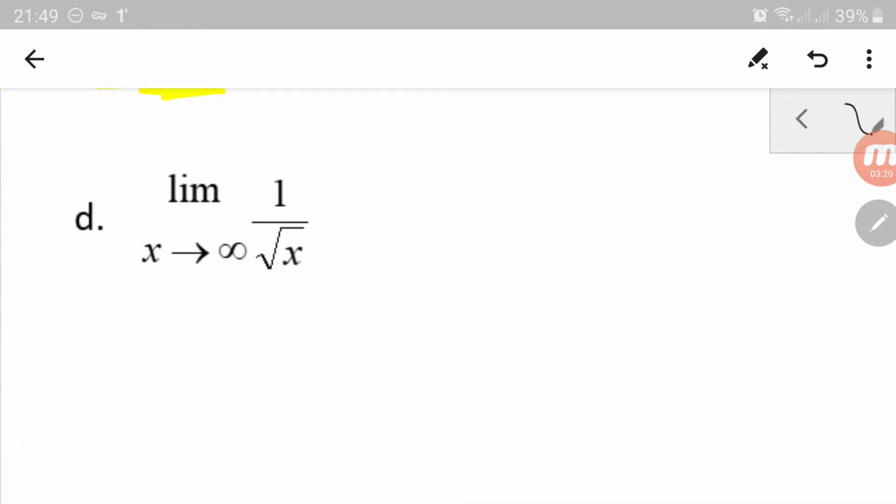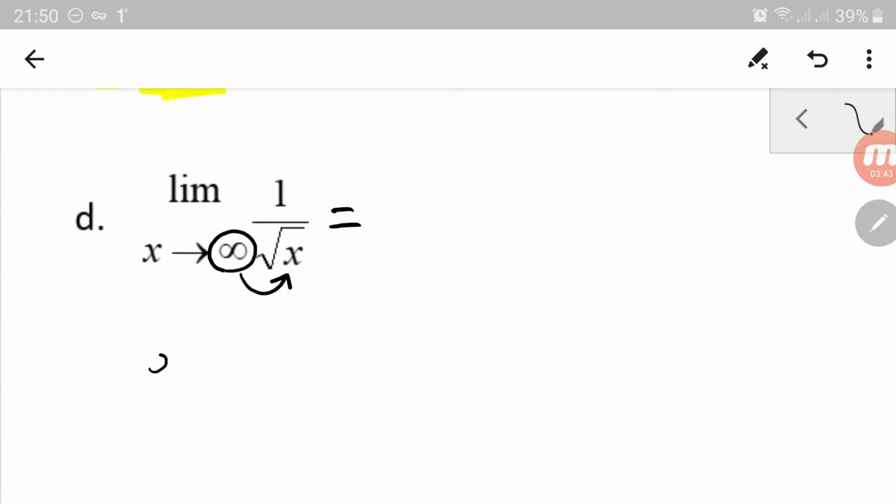What we have here is the limit of 1 over the square root of x as x approaches infinity, positive infinity to be exact. Now this is positive infinity. If we substitute here, it will be a big number.